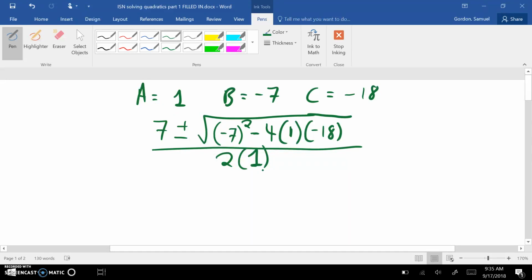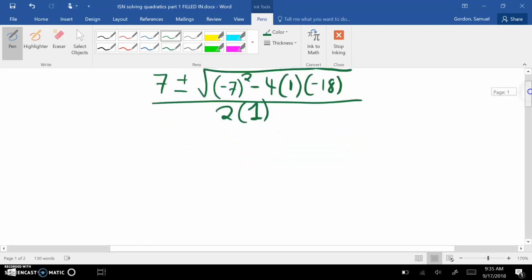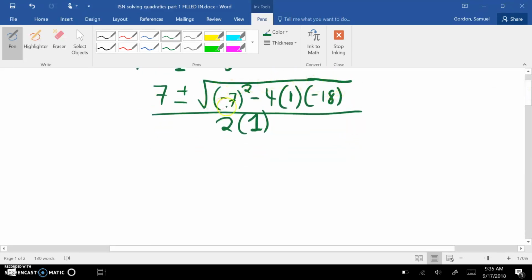Now I just need to evaluate. I'm going to start with the discriminant right here. You have to remember, negative 7 squared is a negative times a negative, which gives me a positive.